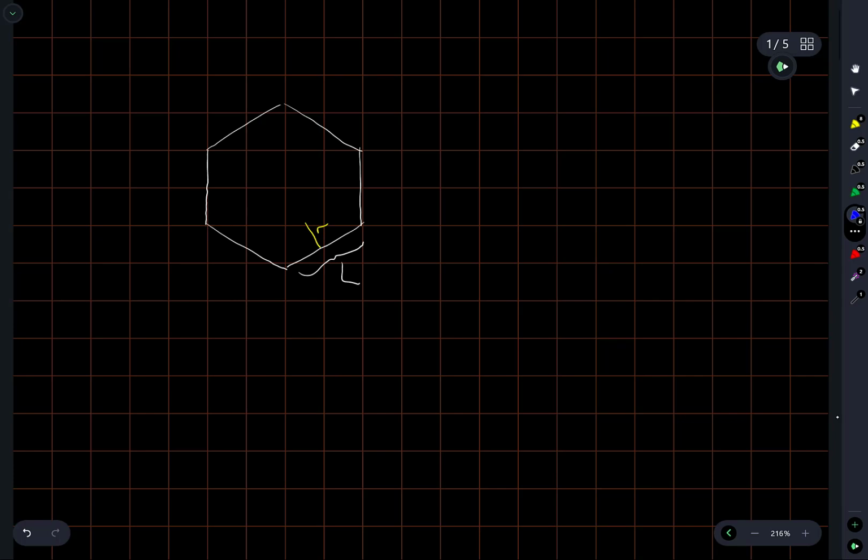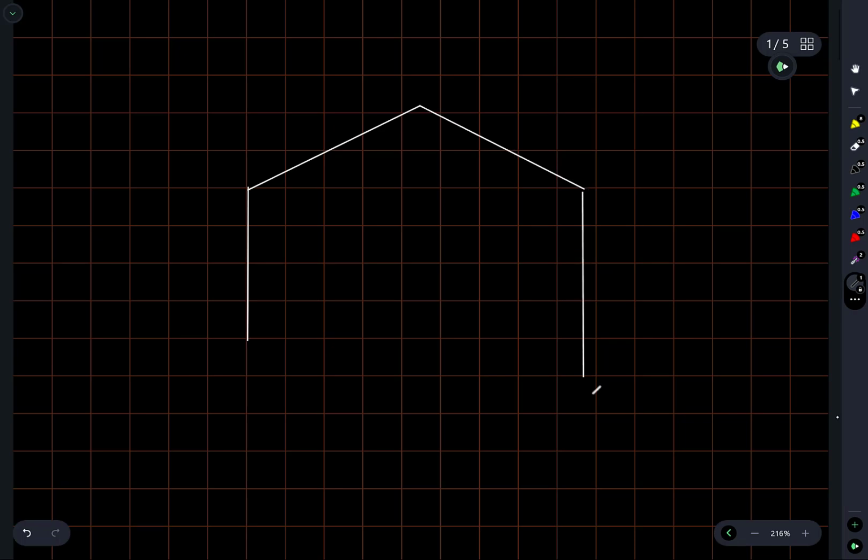I want to go a distance of r that way, but also a distance of r that way. Let me also draw a bigger picture. Close enough.